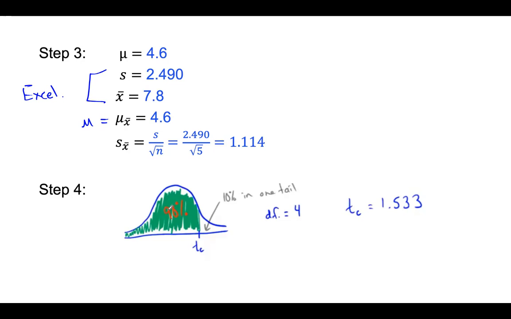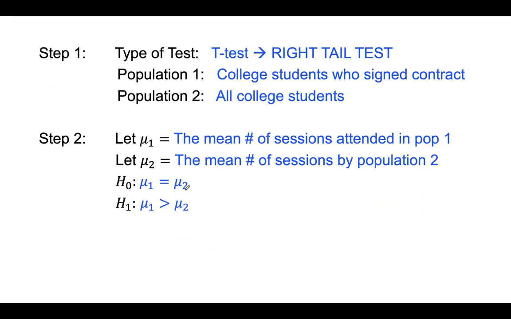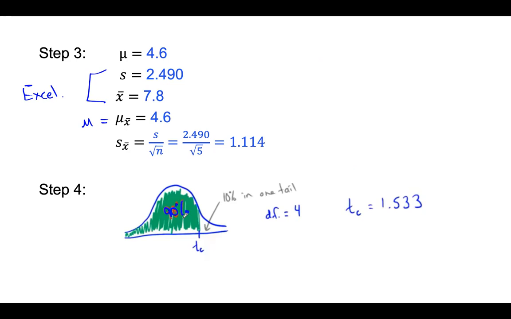Now we know that this is essentially 90%, because back to the question, 90% is on this side. And we want to see if this is greater than our average of 4.6. So there's 10% in this side, and it's therefore one tail. Our N here, of course, is 5.